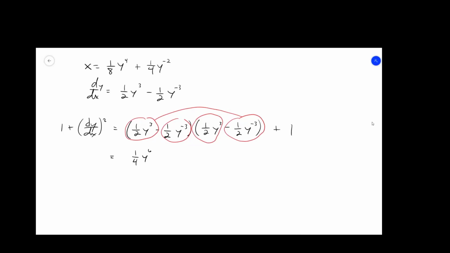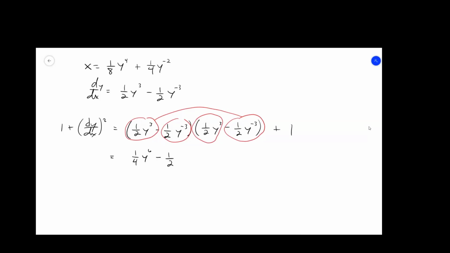Because when you have a minus 3 power and a plus 3 power, you get the 0 power, and that's just a constant. So you're going to get the 1/4, 1/2 times 1/2 is 1/4. You're going to get another one of those from the inner functions, right? FOIL, right? So the outer gives you a minus 1/4. The inner also gives you another minus 1/4. So that actually ends up being a minus 1/2 there.